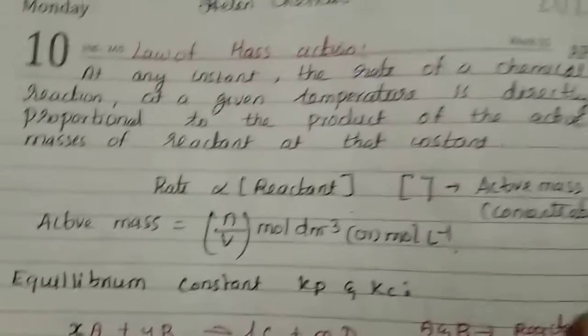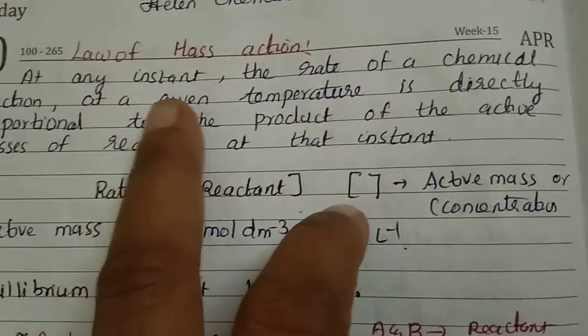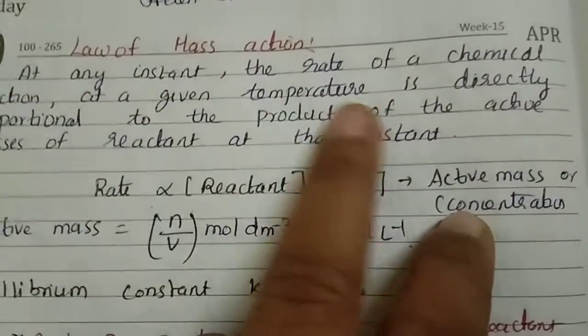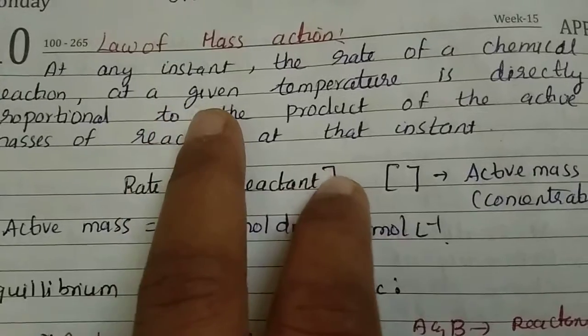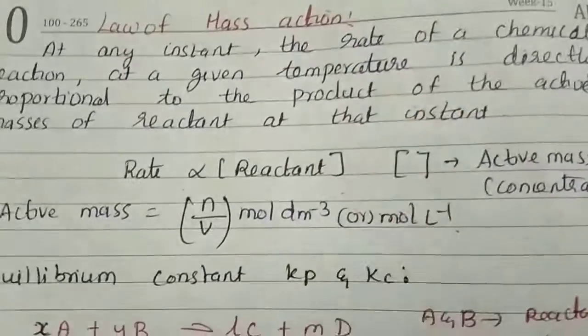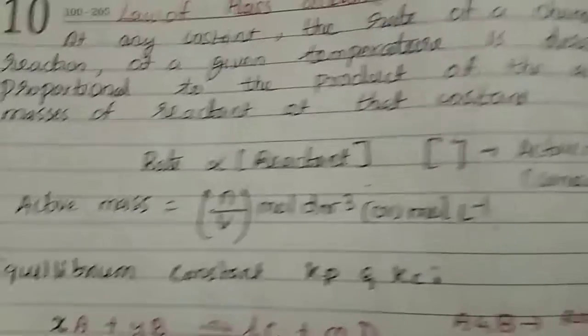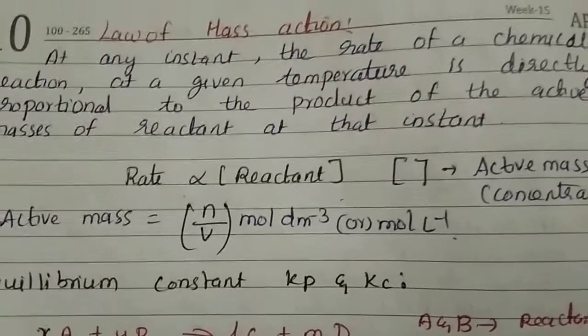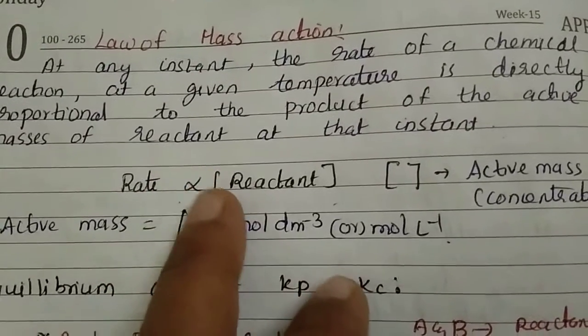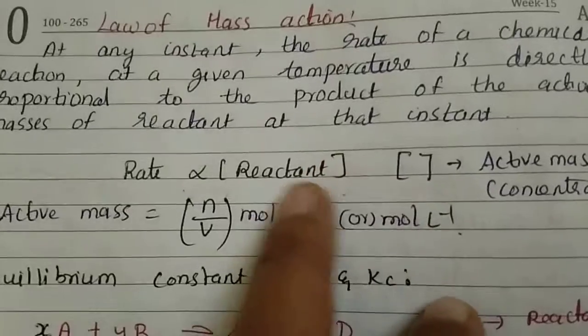Then law of mass action. At any instant, the rate of a chemical reaction at a given temperature is directly proportional to the product of active masses of reactants at that instant. So rate is directly proportional to the active mass of reactant.